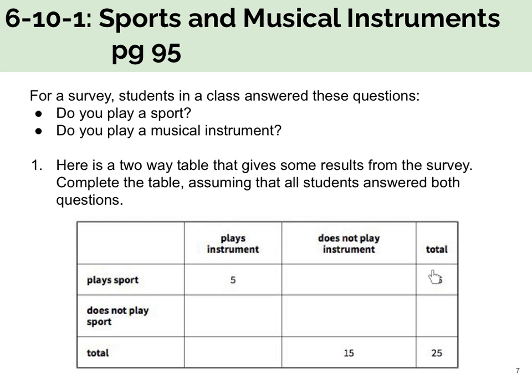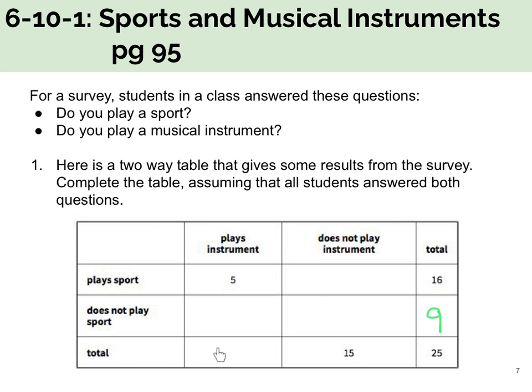So remember, if we add downward, this total here is going to add to 25. We have 16. We want 25. So let's do 25 minus 16. We're going to get 9. So in this corner over here, as far as does not play, needs to be 9. Notice how going across, again, it has to add to 25.